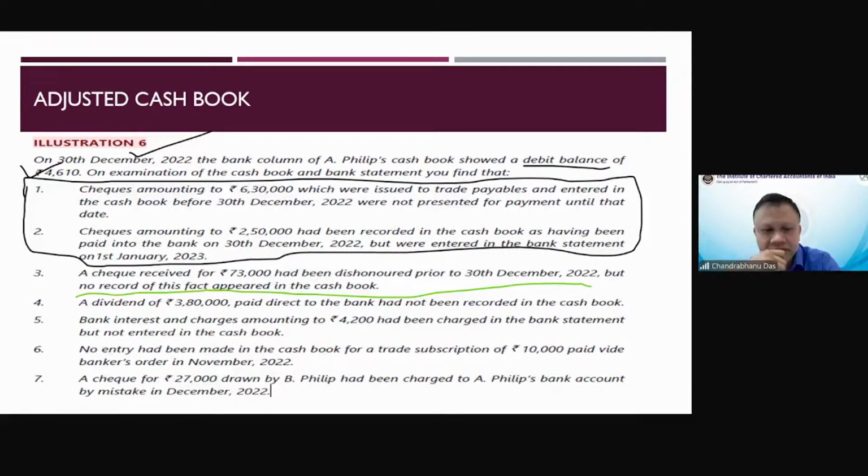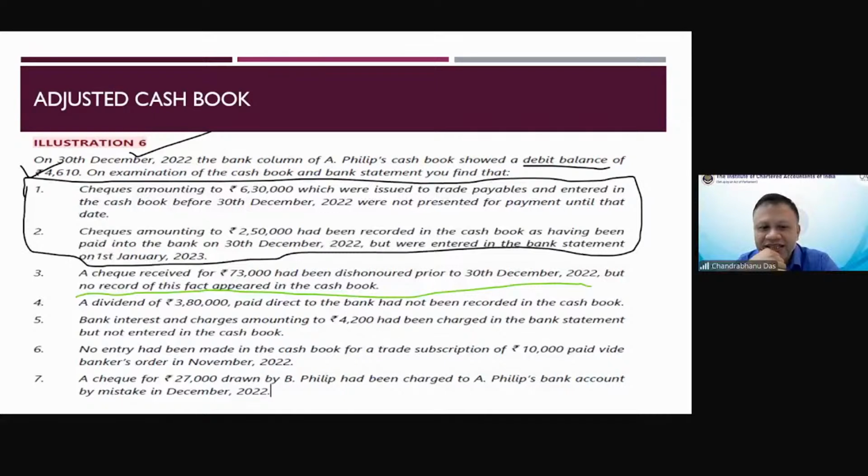Sir, why are we writing this in the cash book? When we are doing the rectification, we can also add it to the cash balance, since this amount had come to the bank. Because that is not known immediately unless you get the passbook. What happens? You are the cashier, sitting. When the passbook arrives, in the passbook you see that there is a dividend which is paid to the bank directly.